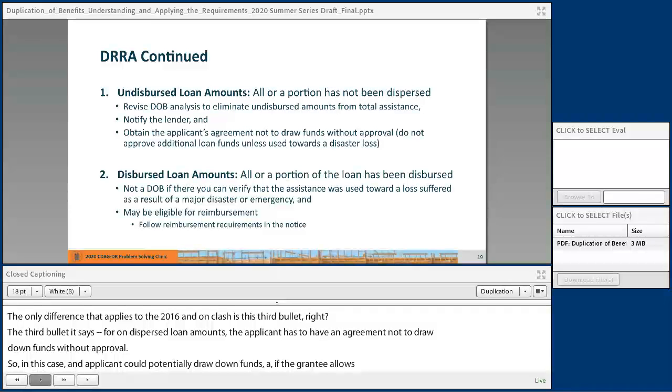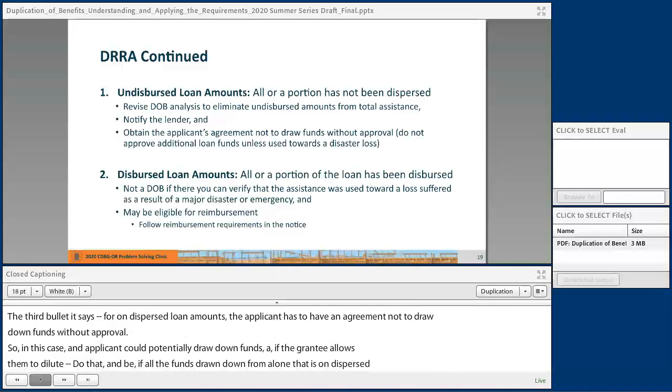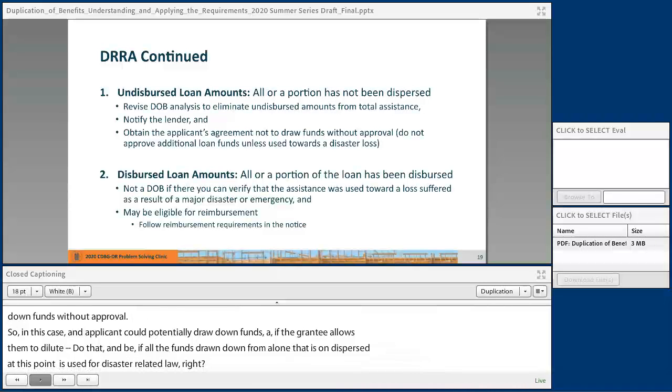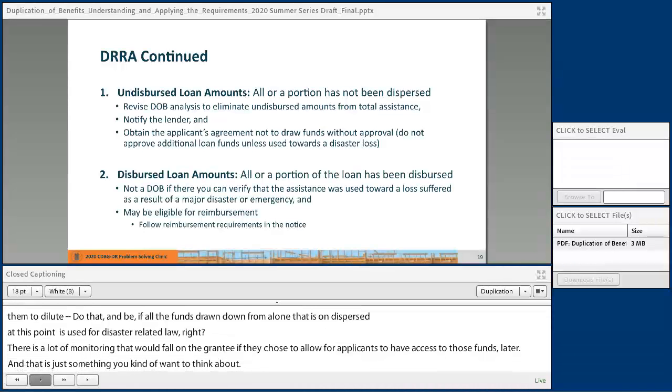So there's just a lot of monitoring that would fall on the grantee if they chose to allow their applicants to have access to those funds later. And so it's just something you kind of want to think about. If it's a canceled loan, on the previous provision that we talked about, that loan is canceled, it's done, you've all agreed in writing, no one's going to draw down funds.